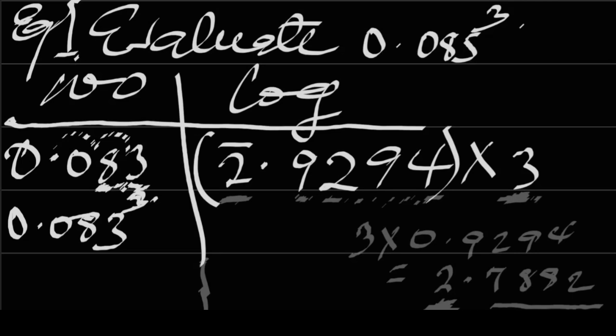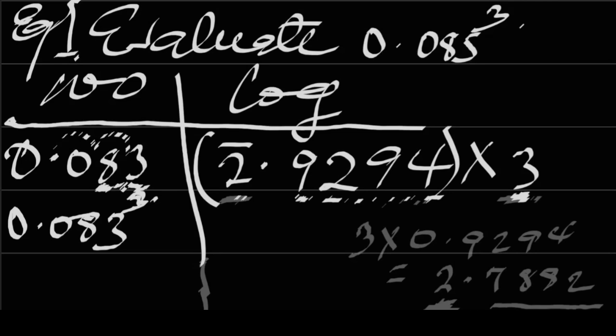Let's go on with the multiplication. First of all, we are going to multiply this 3 with this very number here, not with the 2. We multiply this 3 with this number. After we multiply it, we can now multiply this 3 with this 2.